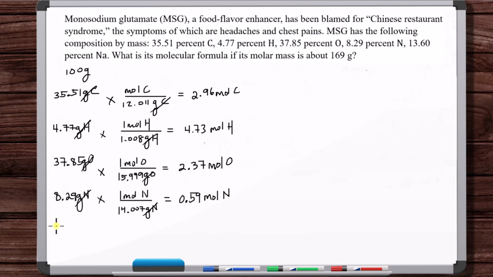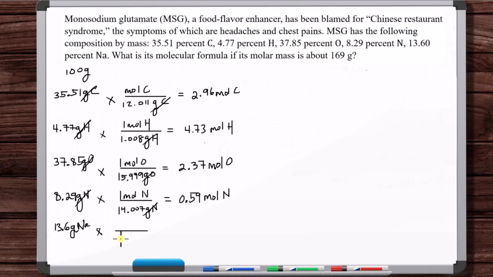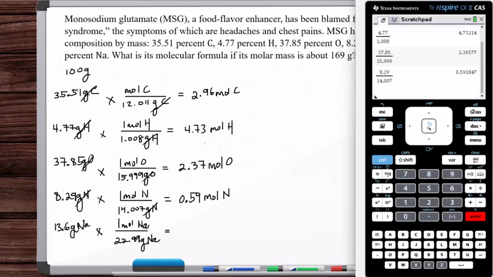All right, now sodium, 13.6 grams of sodium. Sodium is 22.99, so 22.99 grams of sodium for every 1 mole of sodium. That gives 0.59 moles of sodium.